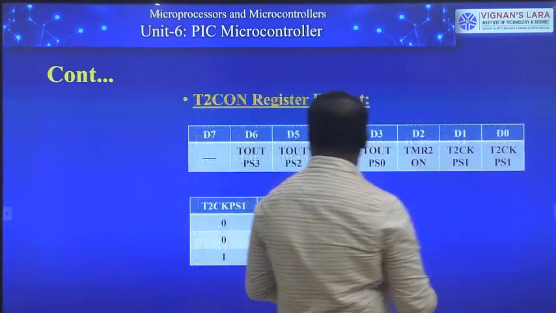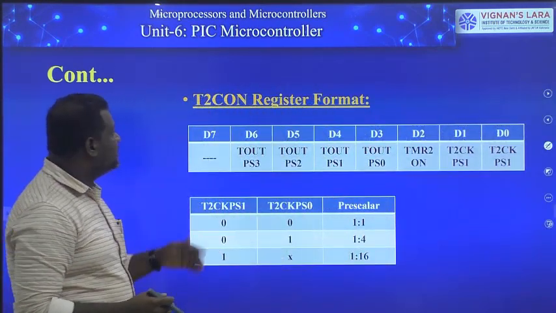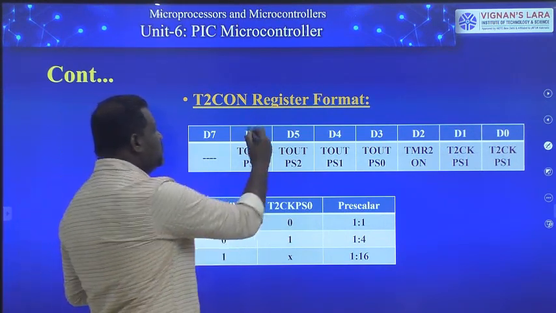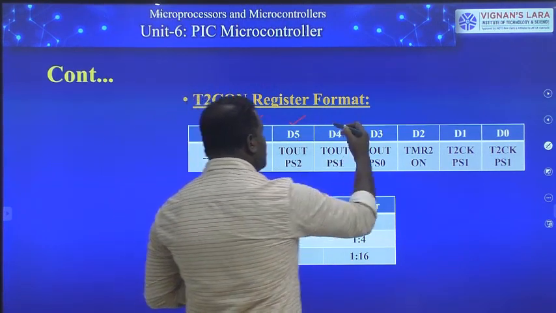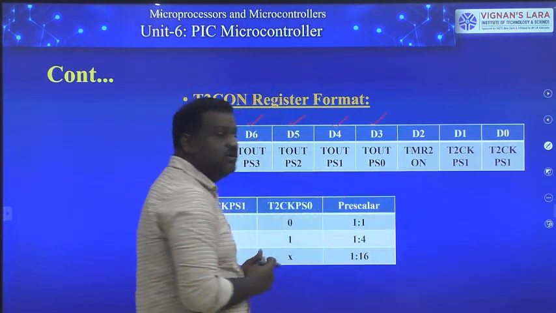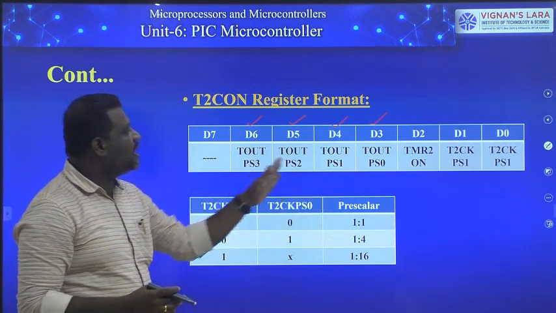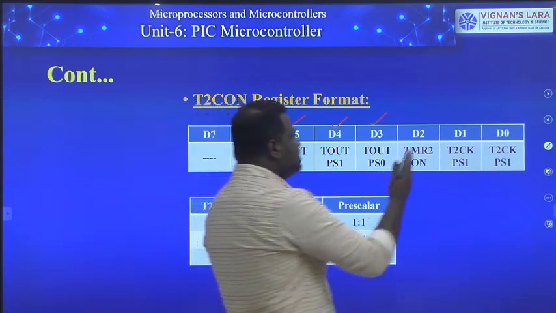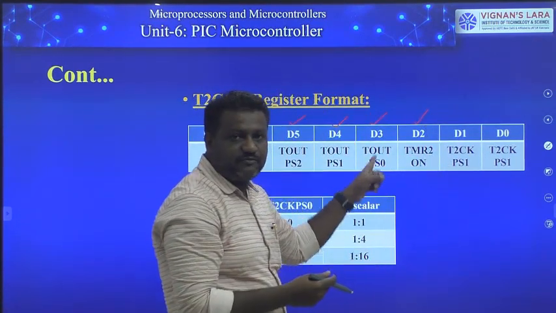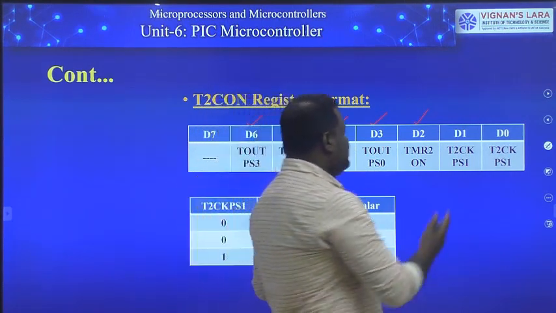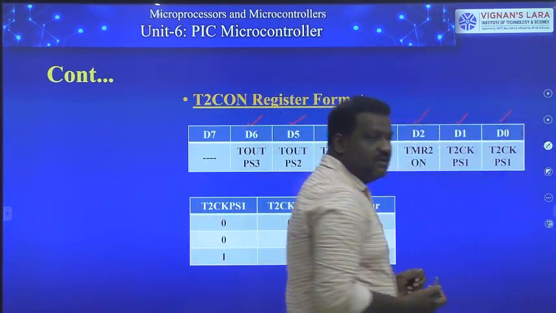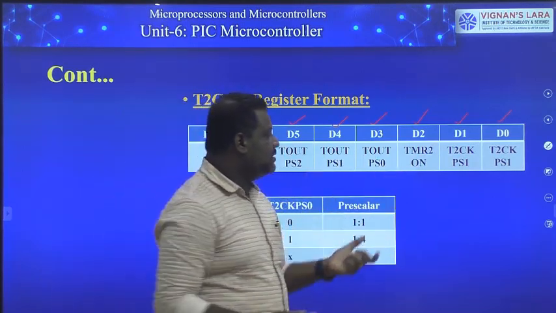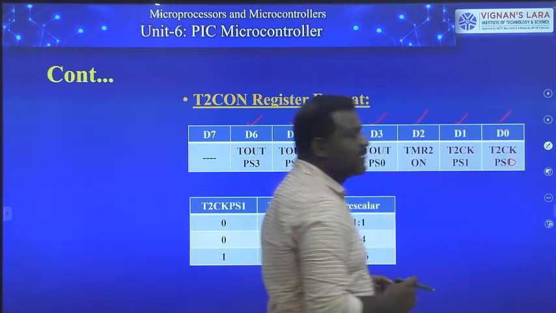So see here, friends, that is the timer 2 control register format. This has TOUTPS3, TOUTPS2, TOUTPS1 and TOUTPS0, which are the 4 postscaler bits. Turning timer 2 on or off is done with the help of the TMR2ON bit. And timer 2 has prescaling bits, T2CKPS1 and T2CKPS0.